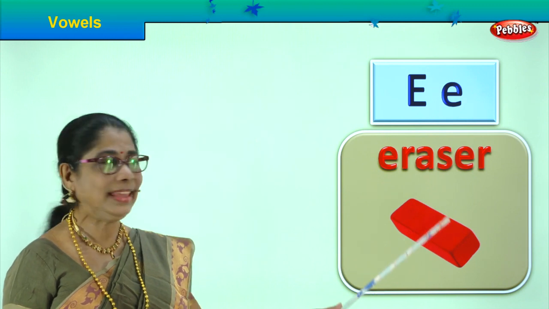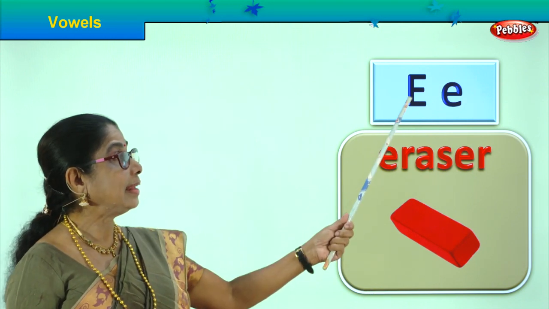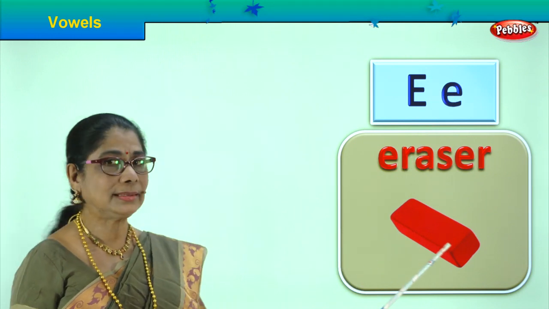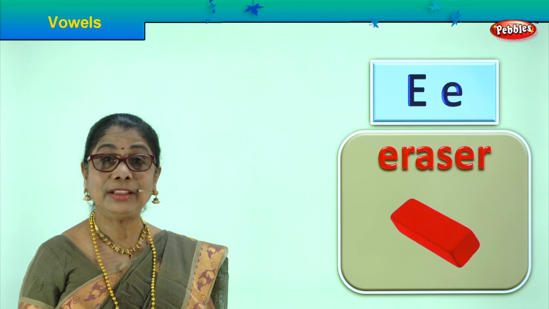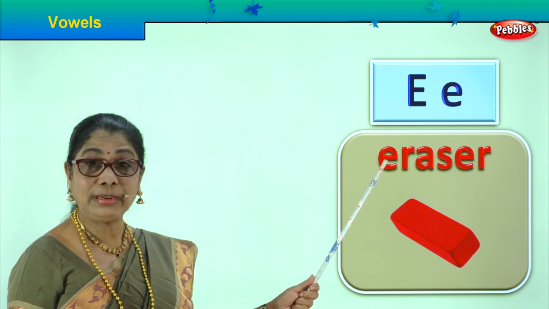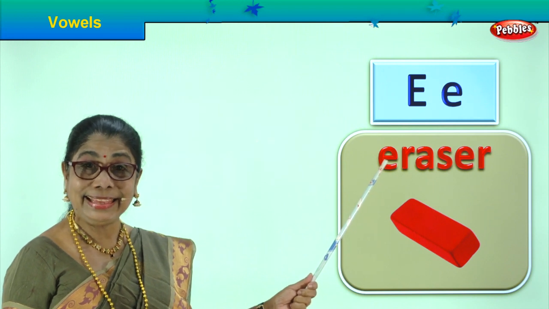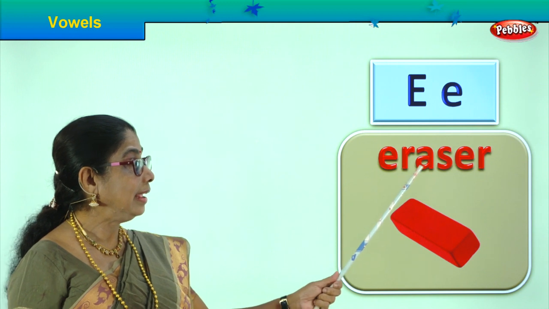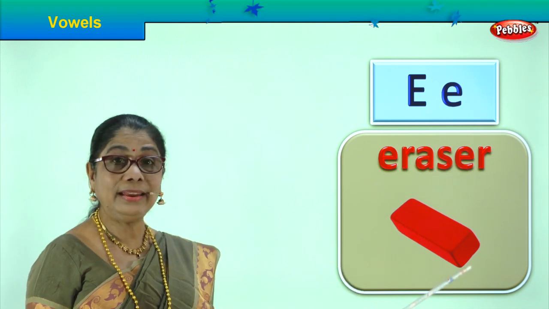Egg. E. What is this? You have eraser. You write something, you want to rub it out. Let's read. Look at this first letter. E. Eraser. E-R-A-S-E-R. Eraser.